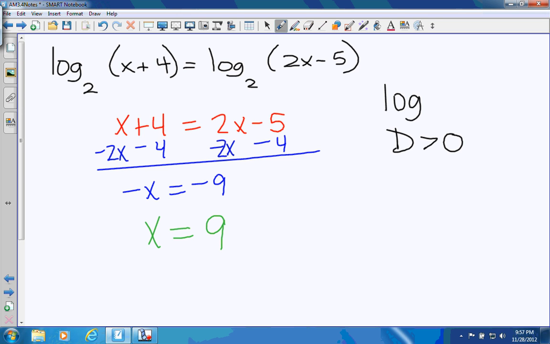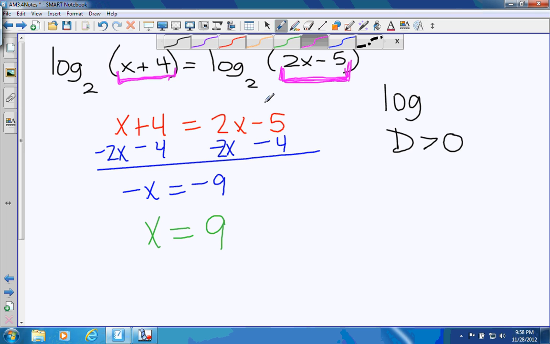So that means that anything you substitute into this particular part of the logarithm must be bigger than 0, because if it's not, you cannot take the log of it, no matter what the base is. Same thing has to happen here. If you take this value and substitute it in, it must be greater than 0, which in this case it is, because 9 plus 4 is 13, and 2 times 9 is 18 minus 5 is also 13. So this solution does work.